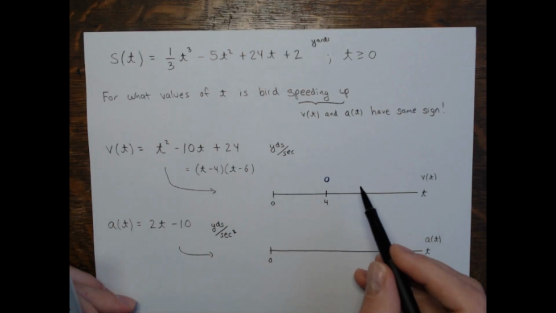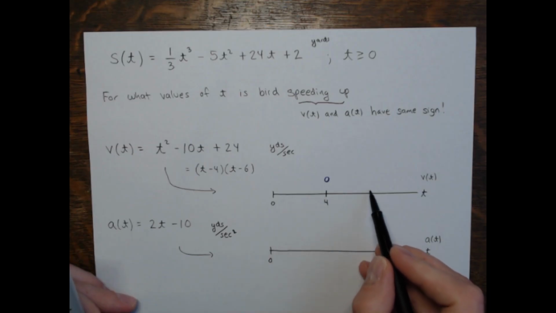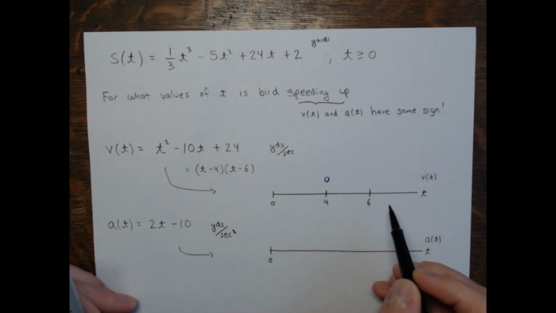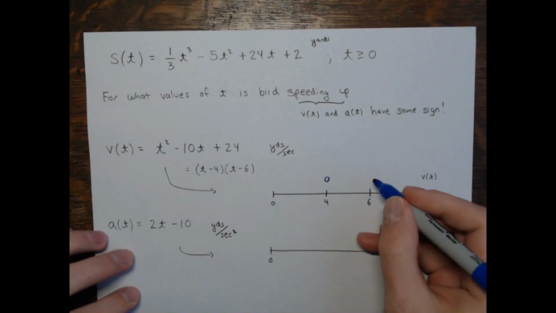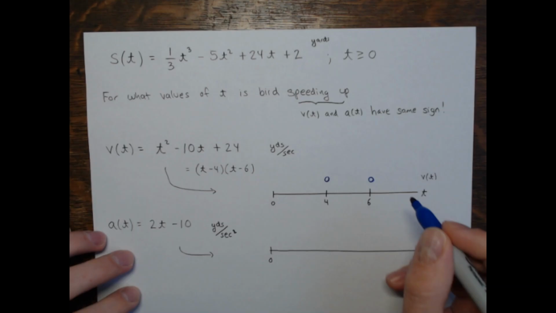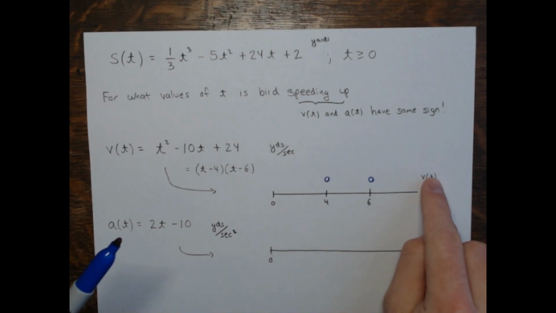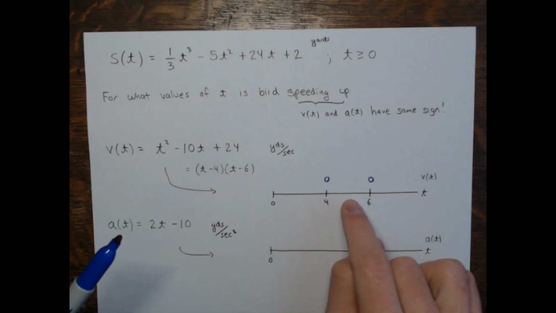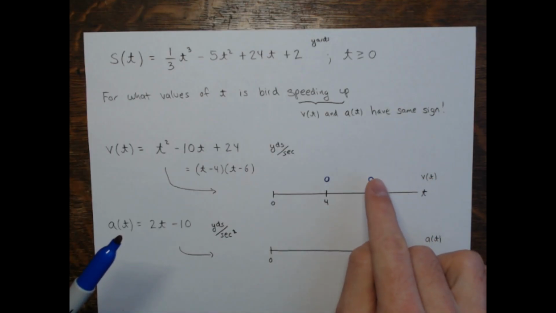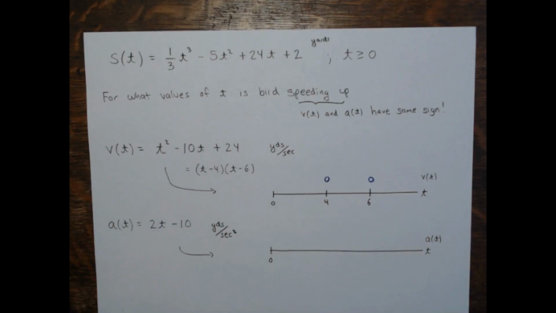Also at 6 seconds, so 2 seconds later, it starts moving again, and 2 seconds after that, it's back at rest. It's got another velocity of 0 yards per second. So the velocity is 0 at 4 seconds, and the velocity is 0 yards per second at 6 seconds.